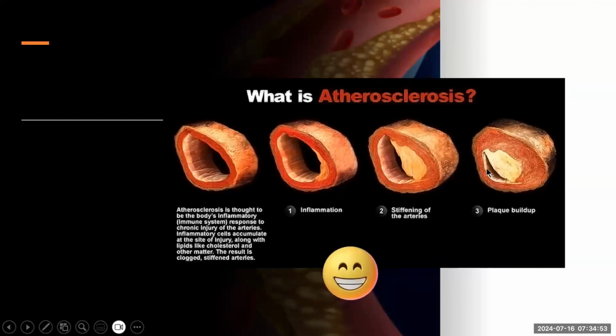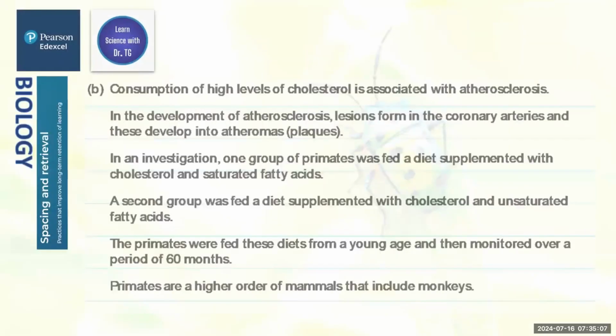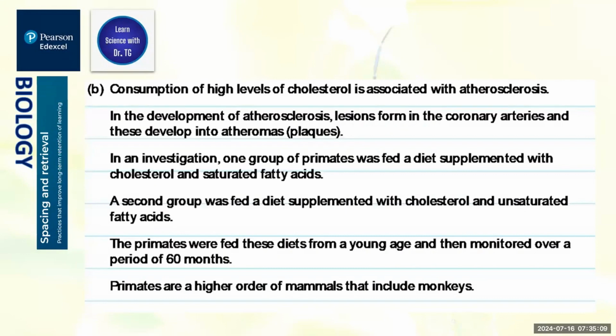So less blood supply. This is the process you see gradually developing in the blood vessels. Arteries, it is called atherosclerosis. It blocks the diameter of the artery. So those are important things you need to understand for this question.